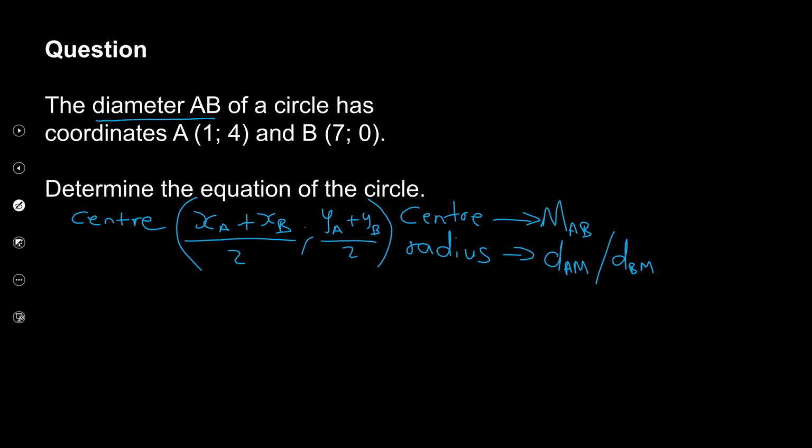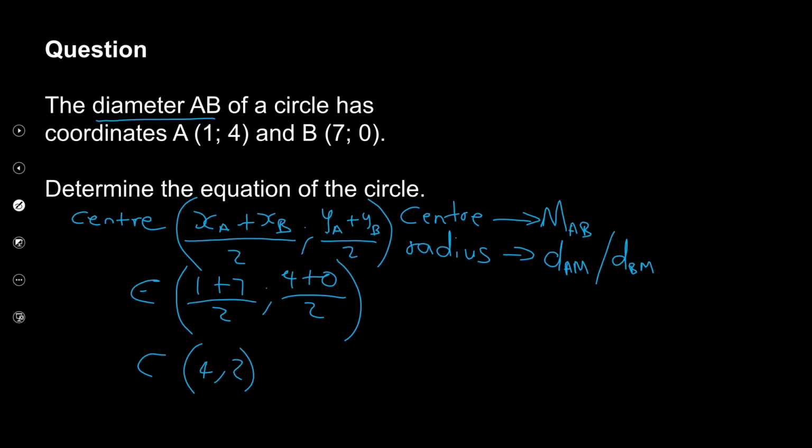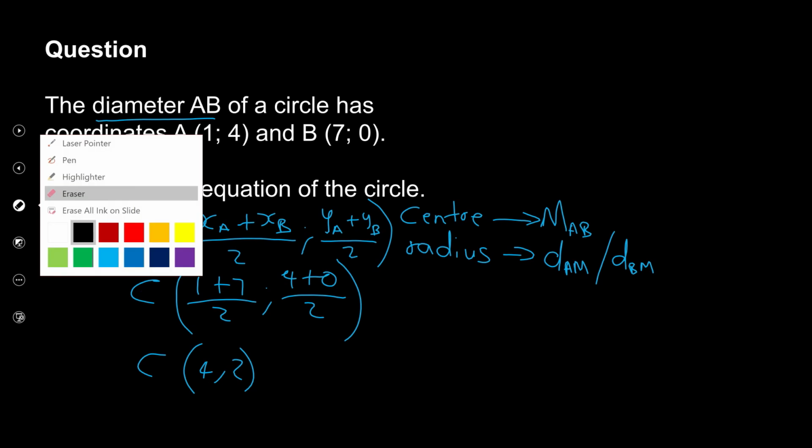This is the same as 1 plus 7 over 2, and then 4 plus 0 over 2. In simple terms, our center will just be (4, 2). Now let me erase this so that it doesn't look like an E, right?